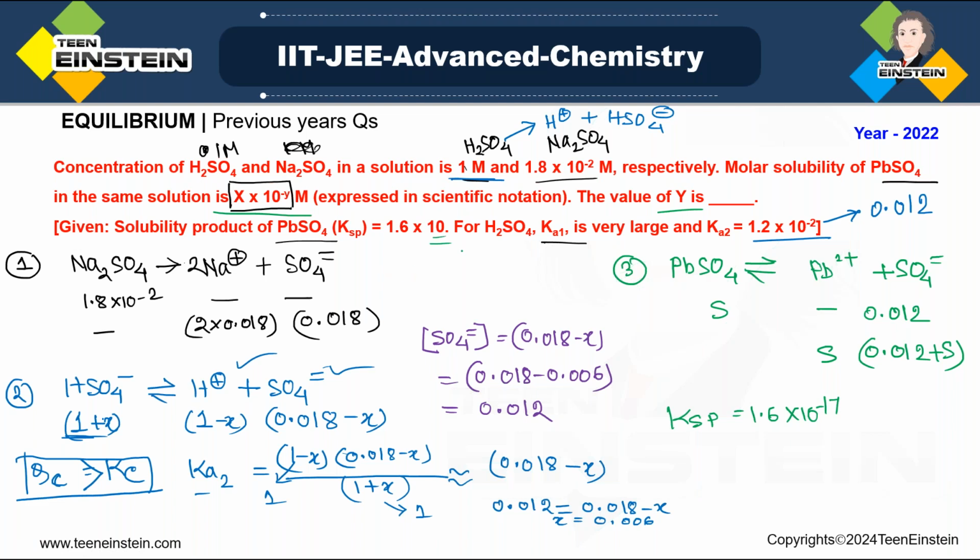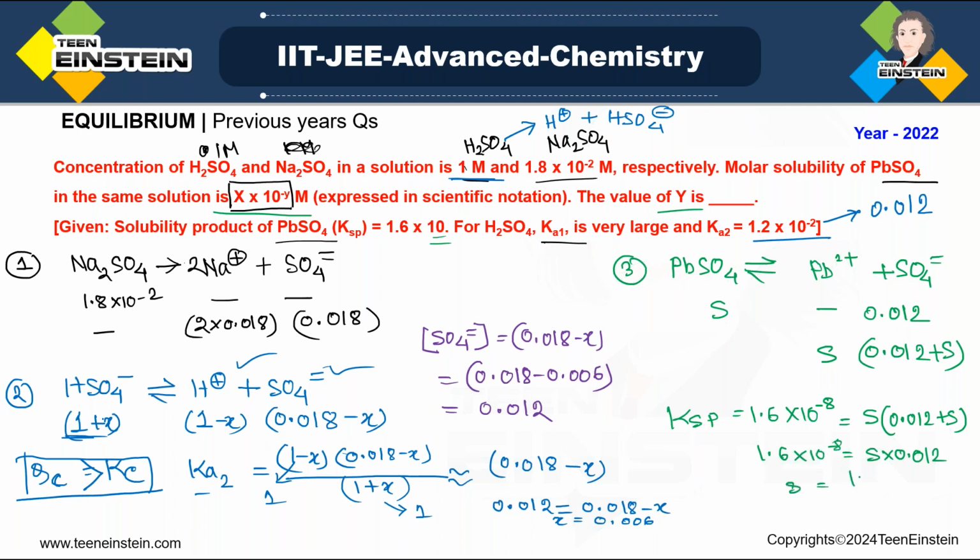Here I have missed the power. Then solubility S into 0.012 plus S. Now the S value is very small, so the S square we can neglect. So ultimately you get this one.